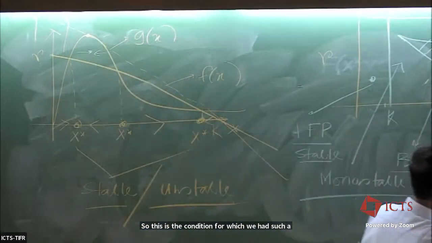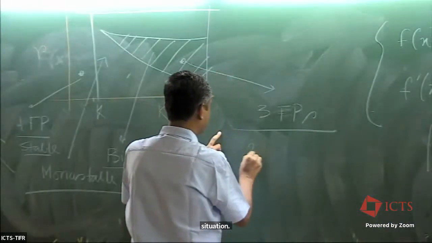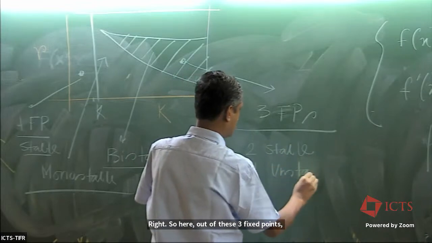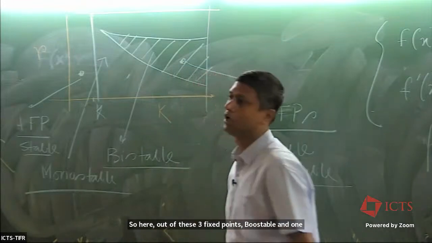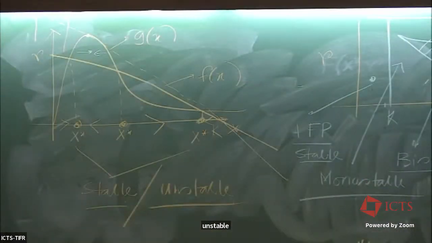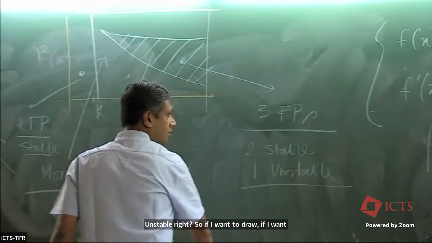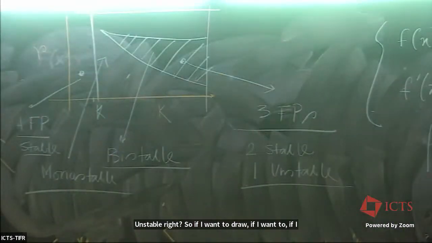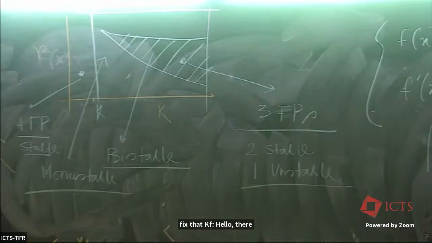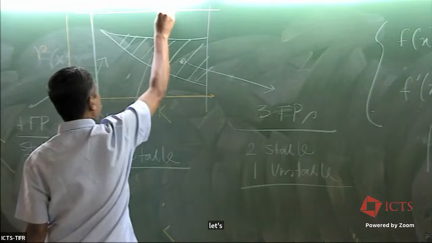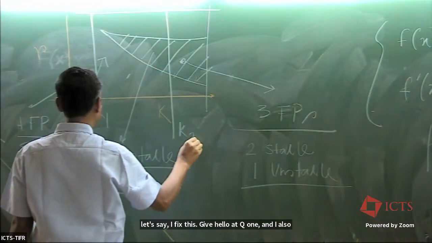Now if I fix that k value, let's say I fix this k value at k1 and I also choose one here at k2.